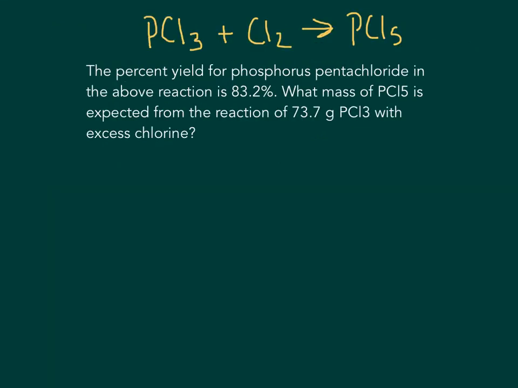So here's a problem just like that last one that I want you to do. Percent yield for phosphorus pentachloride, that's this stuff right up here, is 83.2%. What mass of PCl5 is expected from the reaction of 73.7 grams PCl3 with excess chlorine? So you start with 73.7 grams of this, figure out how much of this you should make, that's your theoretical yield.